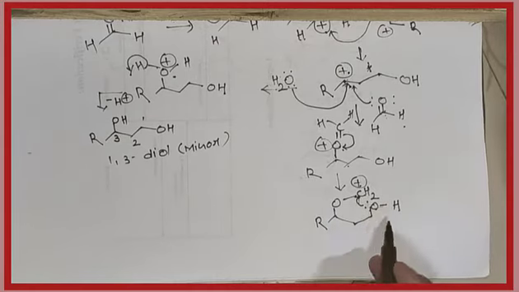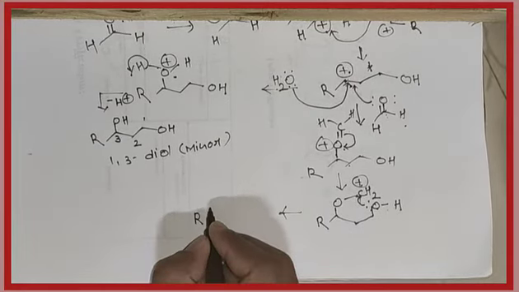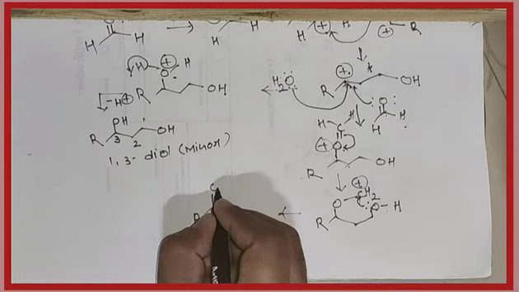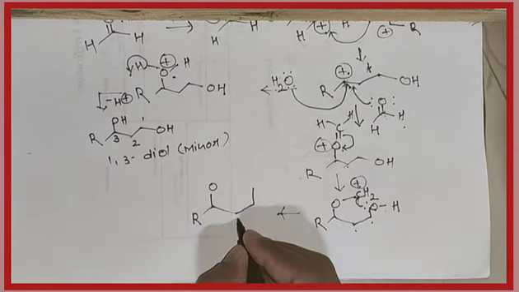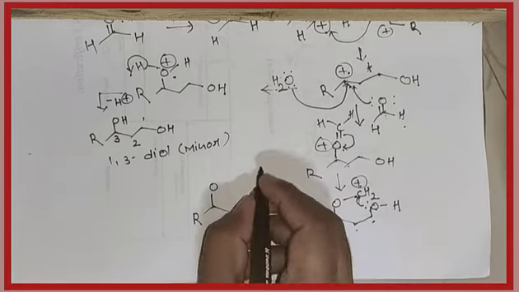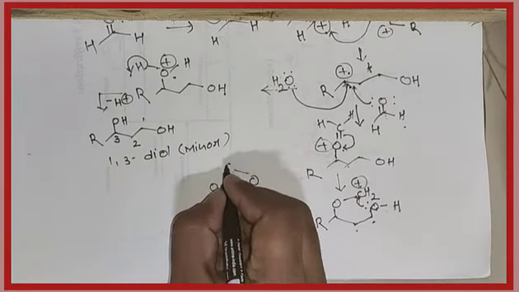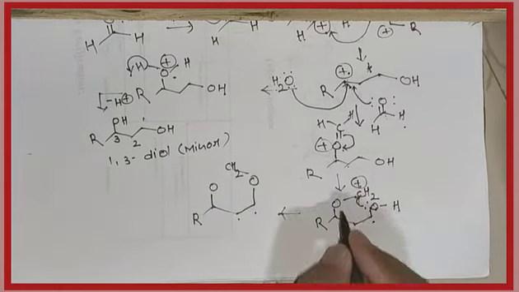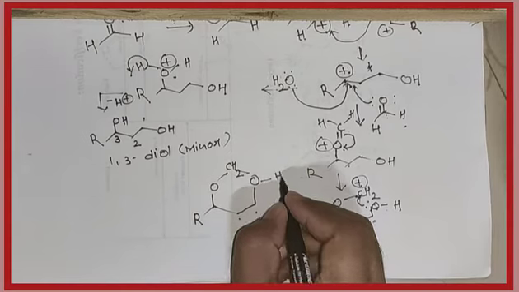That's why this oxygen lone pair attacks this carbon. So now it is converted to here O, these two carbons as it is, this carbon is attached with the oxygen, and now this oxygen is attached with the CH2, CH2 attached with the oxygen. Clear? Now this contains the hydrogen.